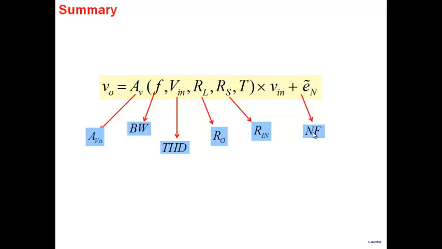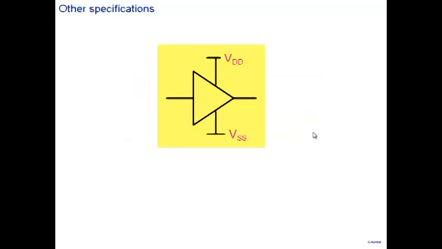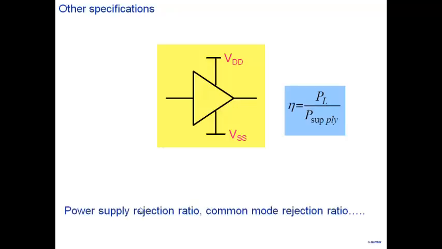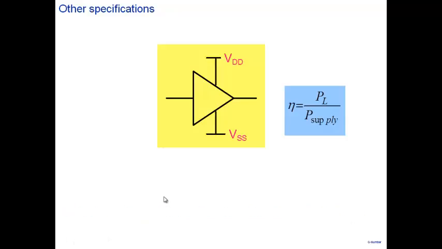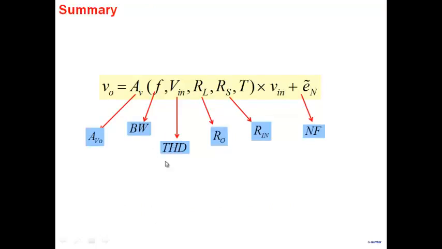Besides that, there are many other parameters: efficiency of an amplifier, power supply rejection ratio, common mode rejection ratio. There are many other parameters of an amplifier. As we go along the course, we may refer to some of these later on. So for now, these are the factors that you should be aware of, and these are the factors with which we'll work for the remainder of the course.